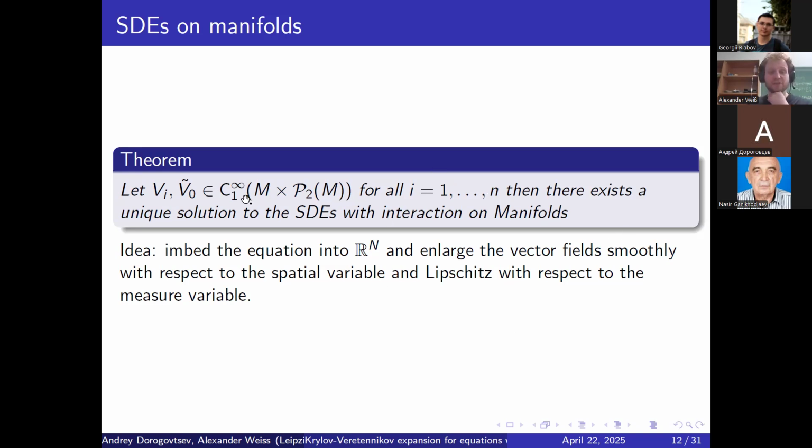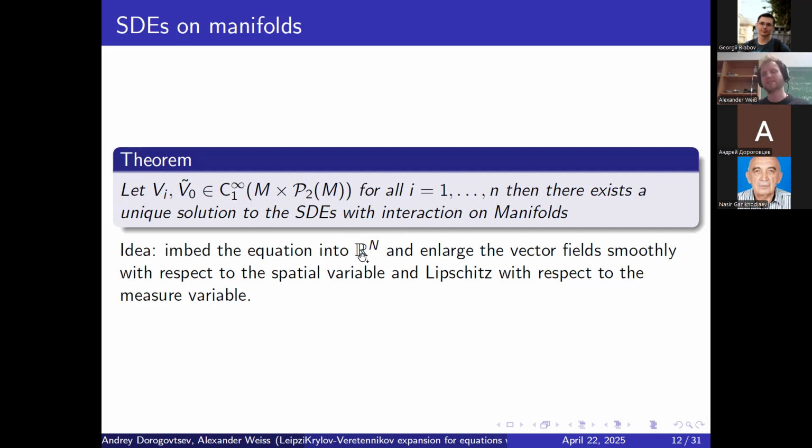Then if we have this condition, so Lipschitz with respect to Wasserstein and smooth with respect to our manifold, then there exists a unique solution to the SDEs with interaction, a unique strong solution. And in order to show this, the idea is the following. We embed the equation into R^n. There are two ways to prove uniqueness and existence for SDEs on manifolds. One way is via coordinates, but I don't think this is the right way in our case.